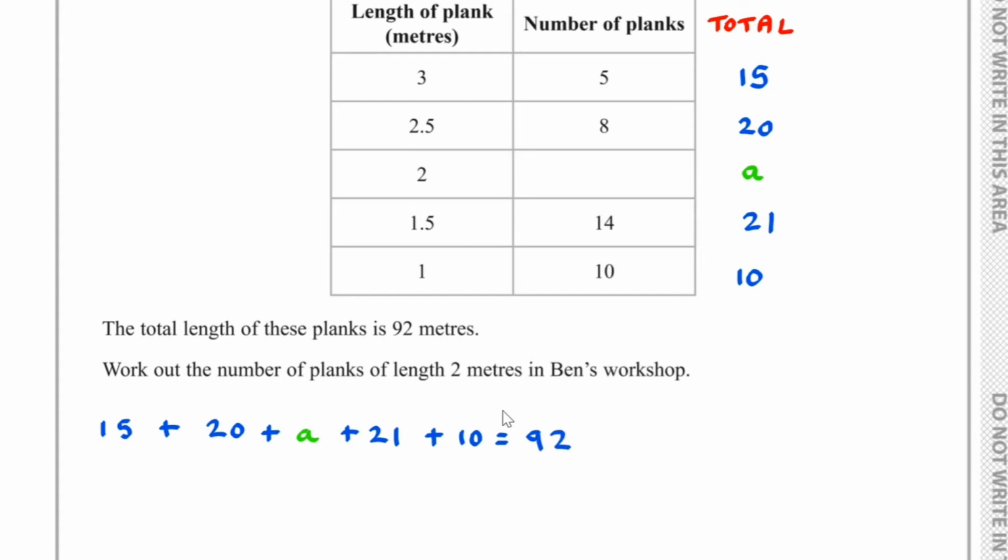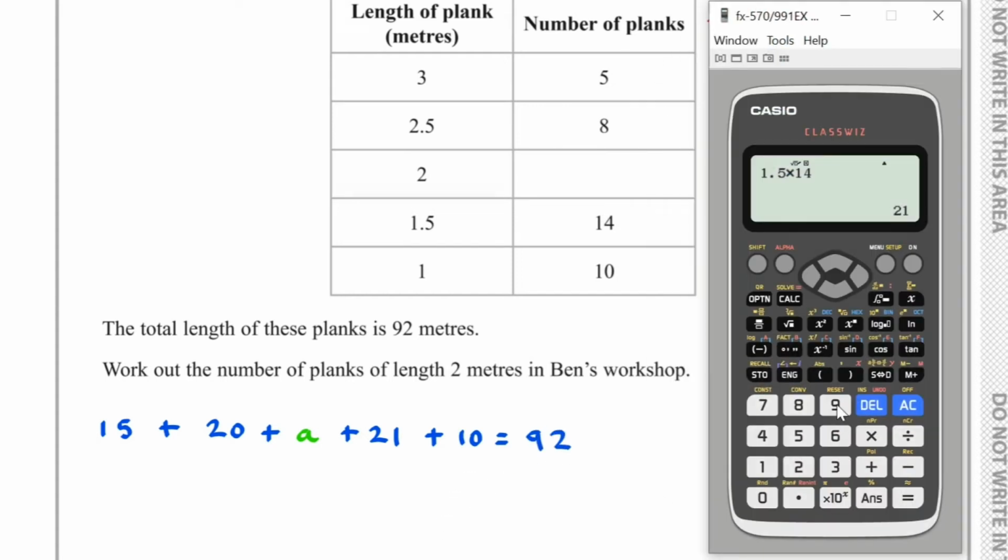That's equal to 92. So we've got 92 take away 15, take away 20, take away 21, take away 10, that's 26. So that means I know A is equal to 26.